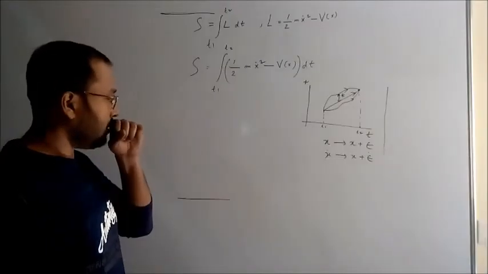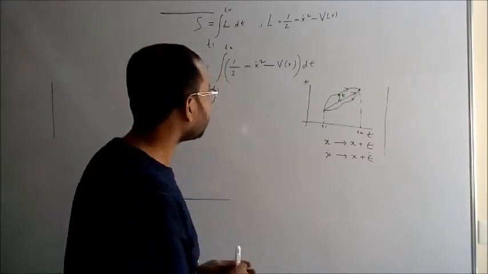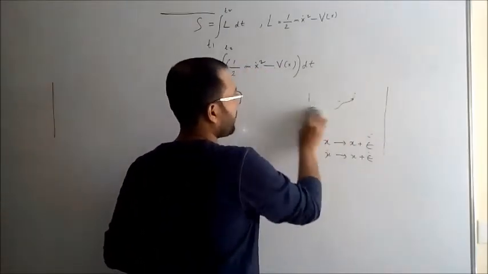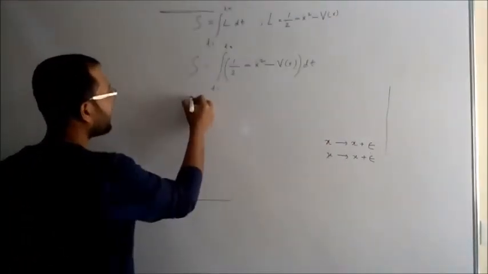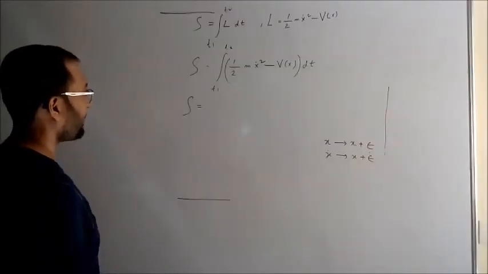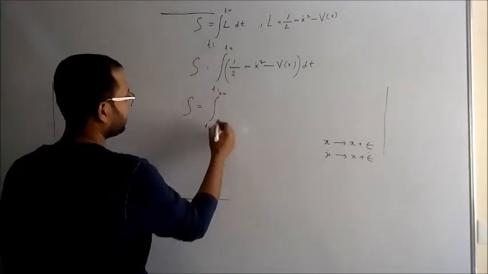So there's a certain shift of coordinates. If I erase this diagram now, let me now write down the new action. The new action, S, is again an integral from t1 to t2.